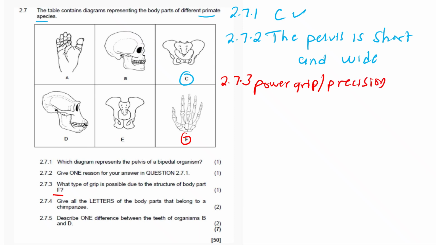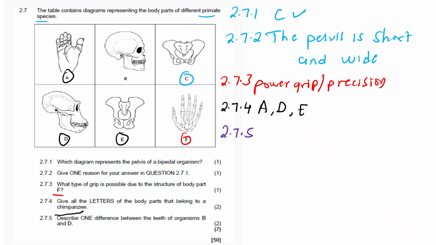Very good. 2.7.4, give all letters of the body parts that belong to a chimpanzee. A belongs to a chimpanzee, D is the head of a chimpanzee, and E is the pelvis of a chimpanzee. Therefore A, D, and E. Very good.